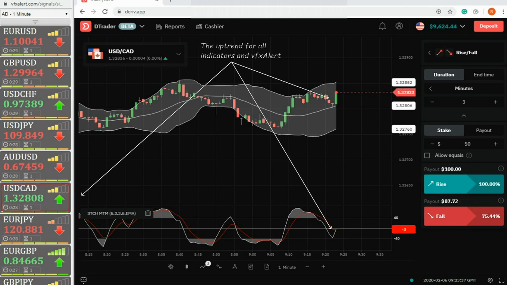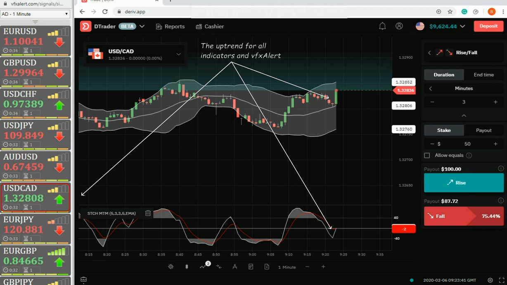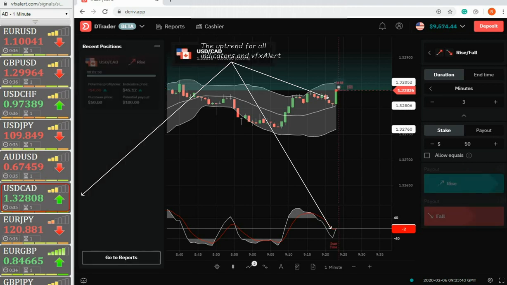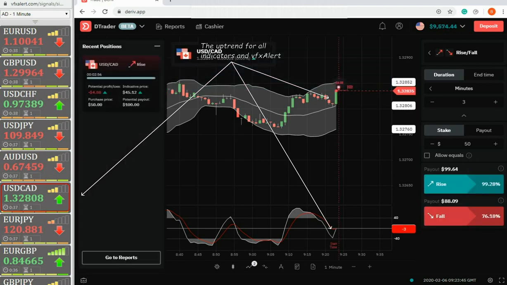Again, the Canadian dollar. A clear bounce up from the middle line of the Bollinger. Although this is not exactly according to the rules of the strategy, let's open the rise option on confirmation from SMI and VfxAlert.